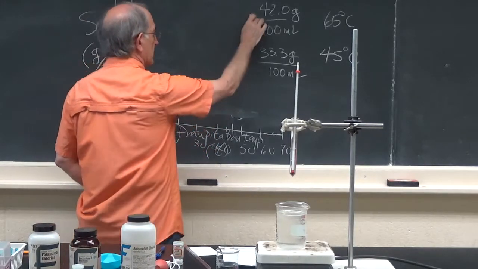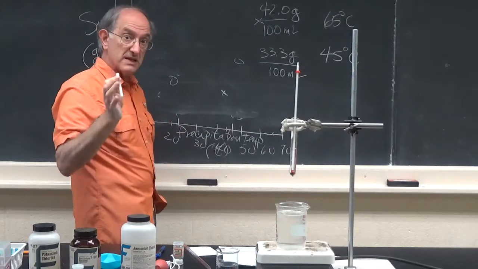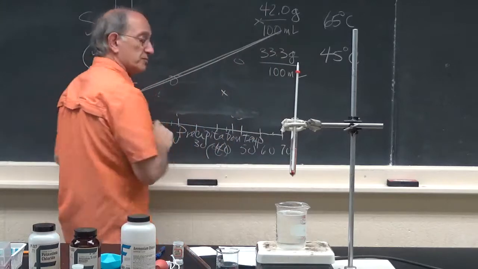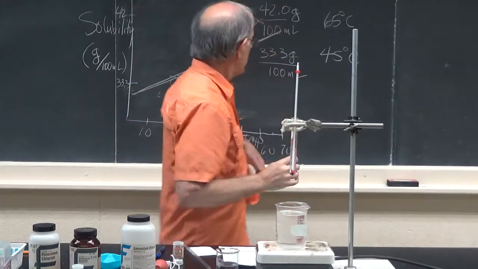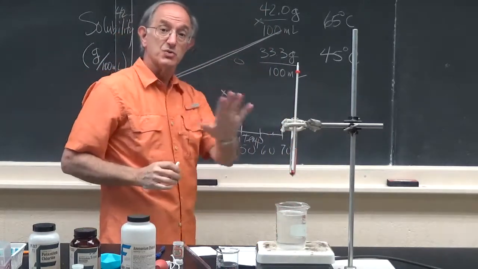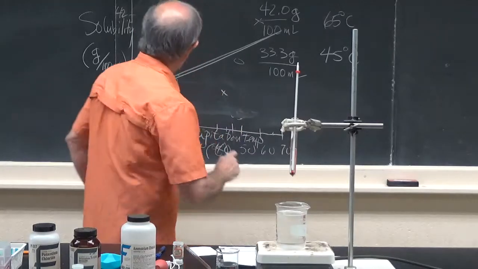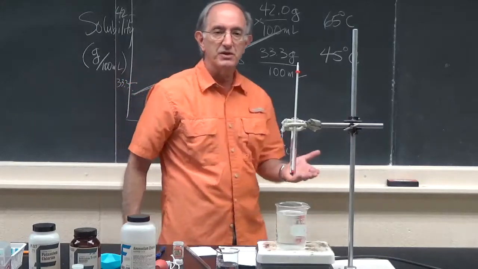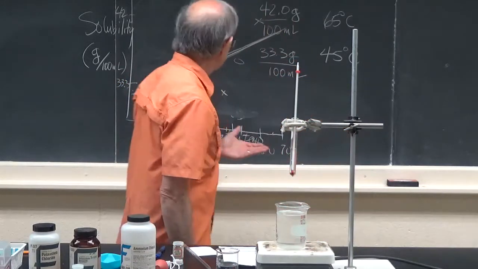Now, what you need to do is draw a best fit line. And it should be linear. Now, my data points are all over the place. Yours will be closer, okay? Draw a best fit line that comes as close to all the data points as possible, okay?